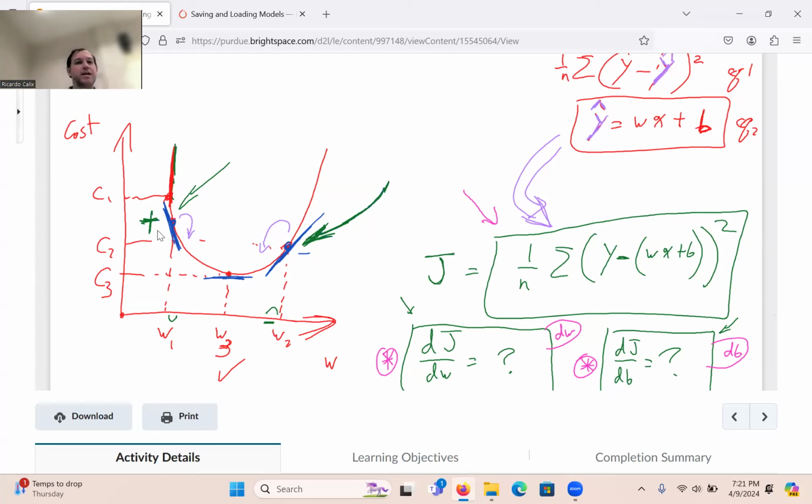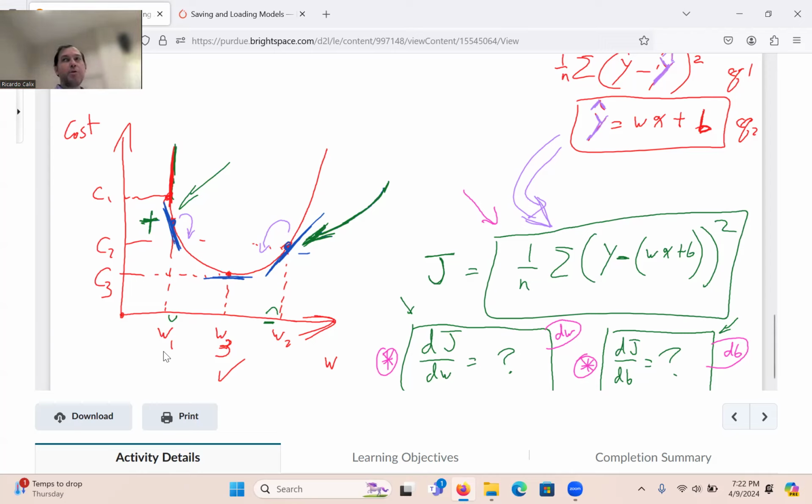How does that translate? Let's say you're here, at W1, correct? If you're at this point, W1, it tells you plus, yes? To get to the optimal, what should you do? W1 plus delta W, which is that little learning rate.